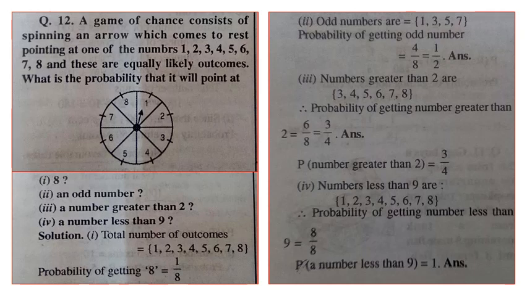Question number 4, a number less than 9. Here there are totally 8 numbers, and all these 8 numbers are less than 9. So the probability is 8 by 8, that is equal to 1, because it is a sure event.